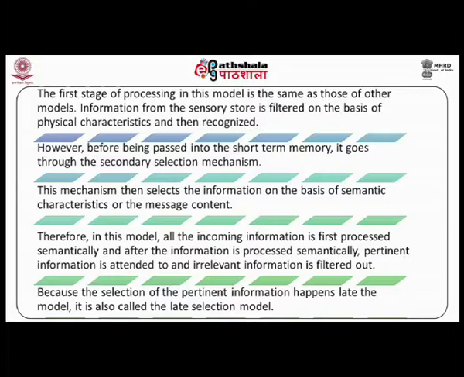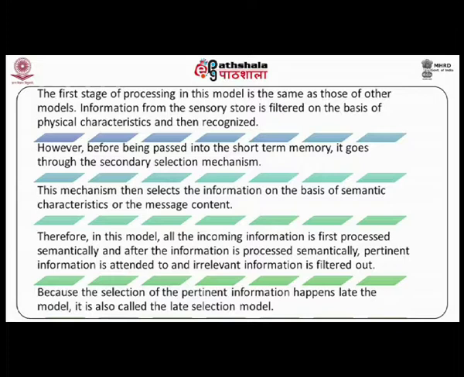The first stage of processing in this model is the same as in the other models. Information from the sensory store is filtered on the basis of physical characteristics and then recognized. However, before being passed into the short-term memory, it goes through the secondary selection mechanism. This mechanism selects the information on the basis of semantic characteristics or the message content.